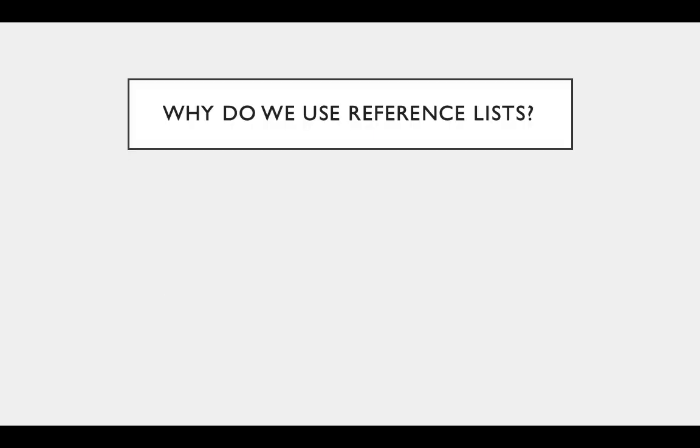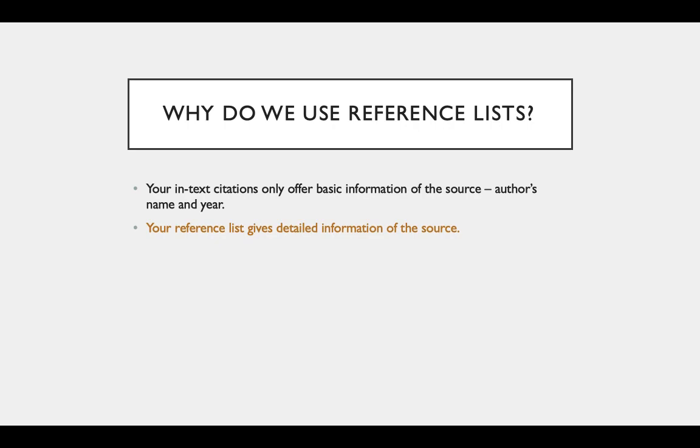So, first of all, why do we use reference lists? Well, your in-text citations, which we talked about yesterday, only offer basic information of the source where you got your information from. So, for example, the author's name and year. Your reference list gives detailed information of the source.